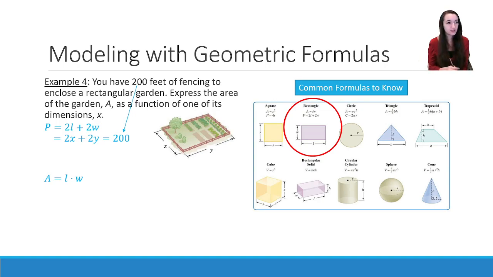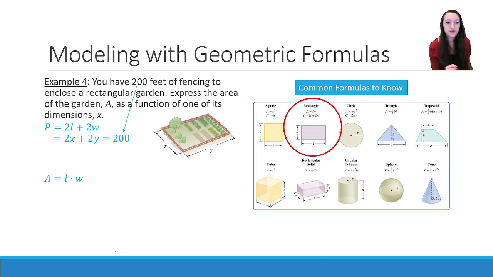Now our area is length times width, though, and we just said, well, that's the same thing as saying x times y. But that doesn't really help us find the area of the garden as a function of one of its dimensions, x. Like, my goal is to get that area, but only have x in there. So how do I do that?